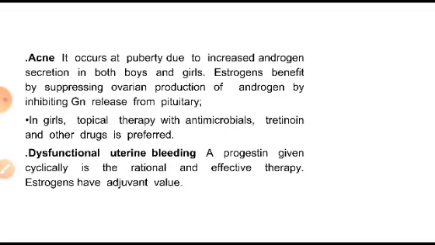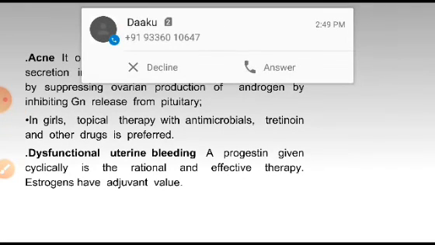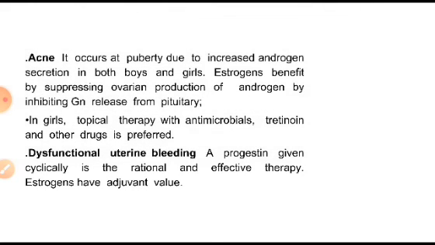Estrogen benefits by suppressing ovarian production of androgen by inhibiting gonadotropin release from the pituitary. In girls, topical therapy with antimicrobials, tretinoin and other drugs is preferred. In dysfunctional uterine bleeding, progestin given cyclically is the rational and effective therapy. Estrogen has adjuvant value.